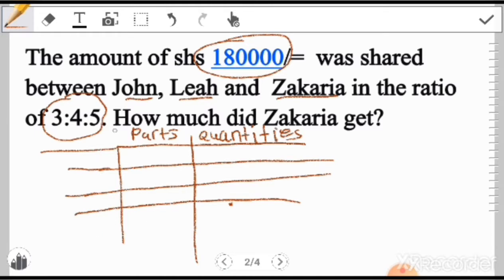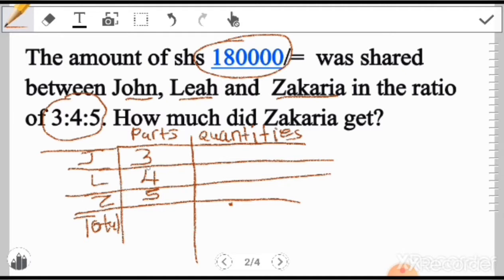Remember, I have 3 people, John, Leah, and Zachariah. And in the last row we always keep the total. So John 3 parts, Leah 4 parts, Zachariah 5 parts.